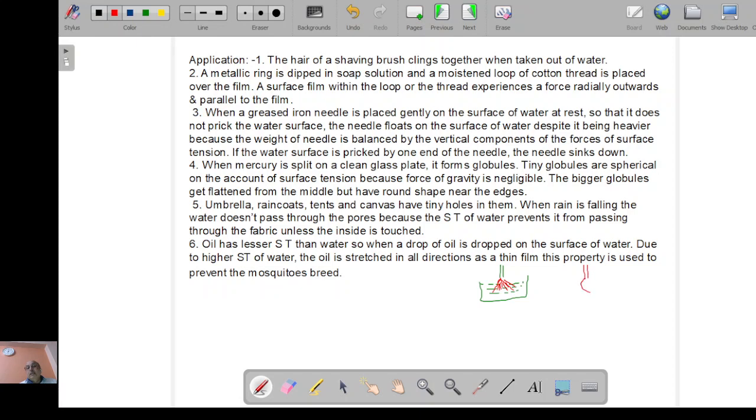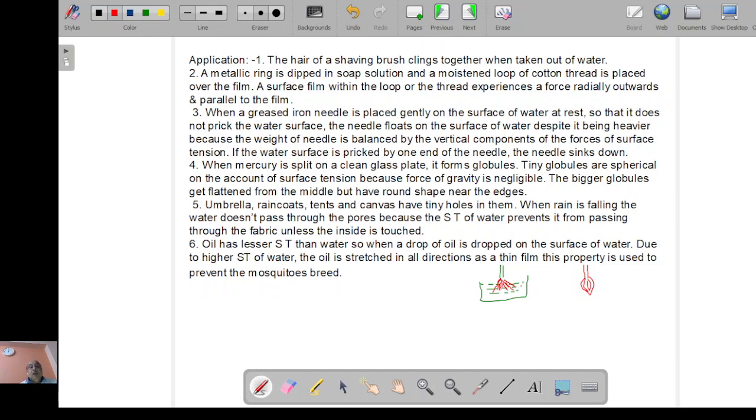We will see the brush clings together like this. So the hair of a shaving brush or a simple art brush will cling together when taken out from the water or from the color.